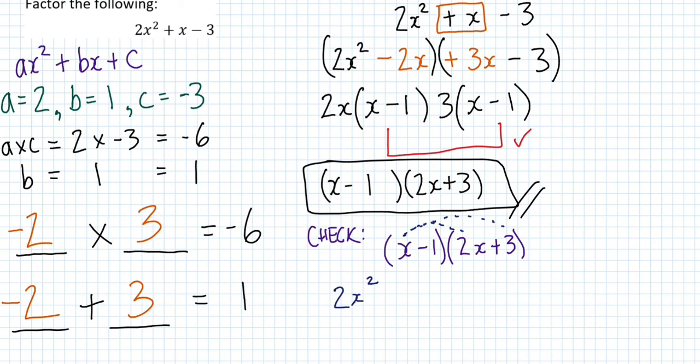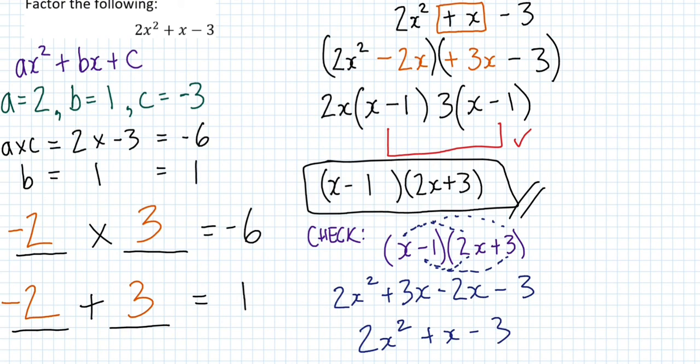And then x times 3, that'll give us plus 3x. Multiply the next terms, negative 1 times 2x, that gives us negative 2x, and negative 1 multiplied by 3, that gives us negative 3. When we collect like terms, that gives us 2x squared plus x minus 3.